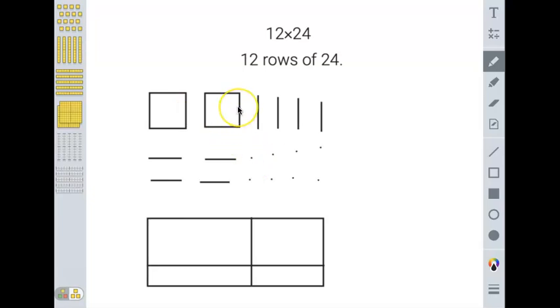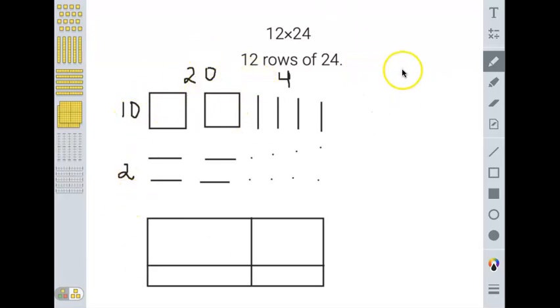Now that we have completed our pictorial model of 12 rows of 24, we will apply our information from our concrete model to this as well. So this is 10, 20, 2, and 4. We will now multiply these four numbers once again.